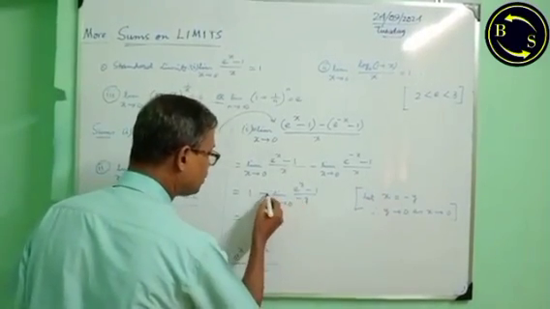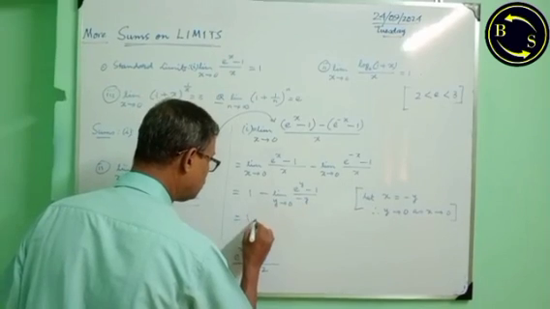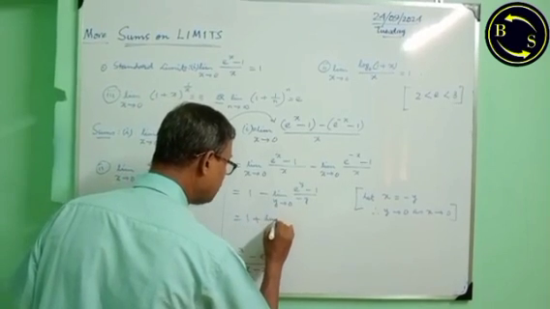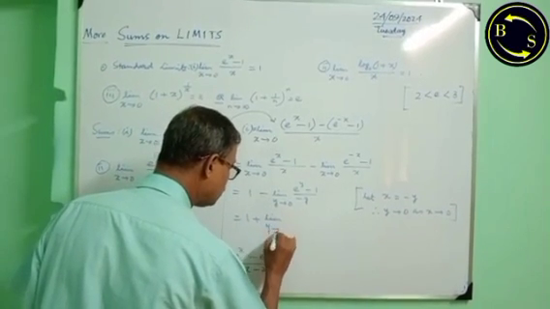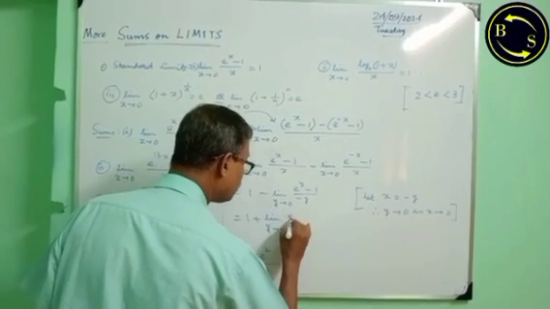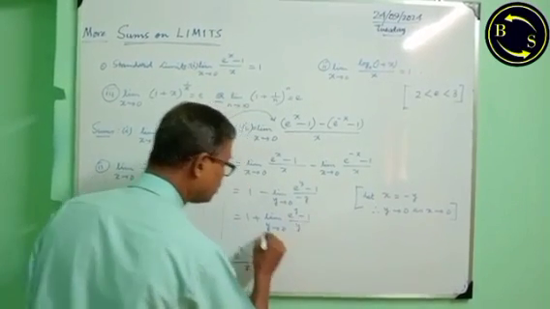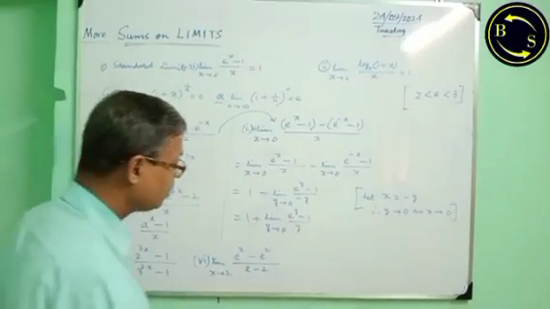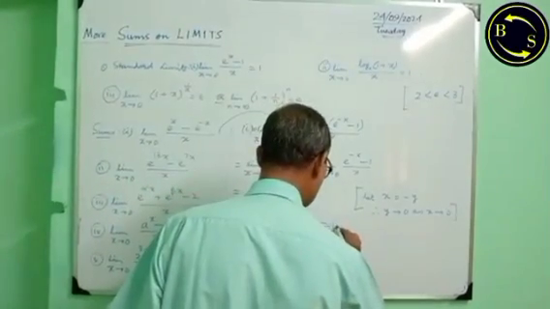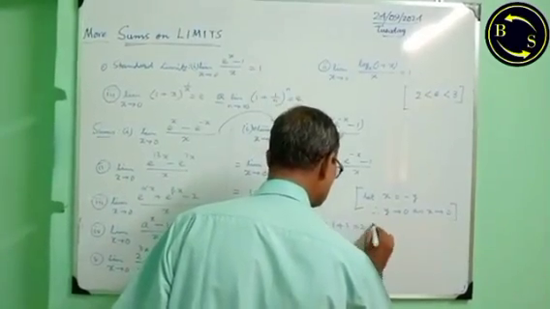Now I take this minus with this one, 1 plus limit y tends to 0 e to the power y minus 1 by y, that means the standard limit. Therefore, value is 1 plus 1 equal to 2.